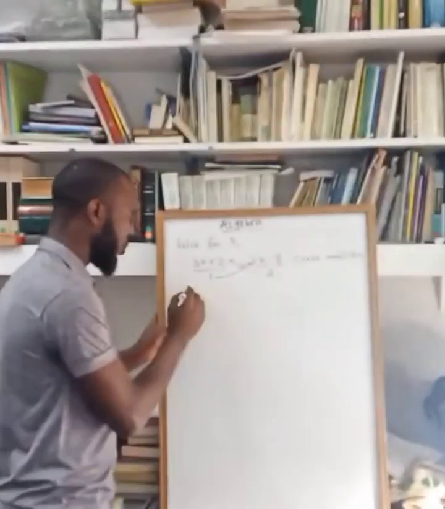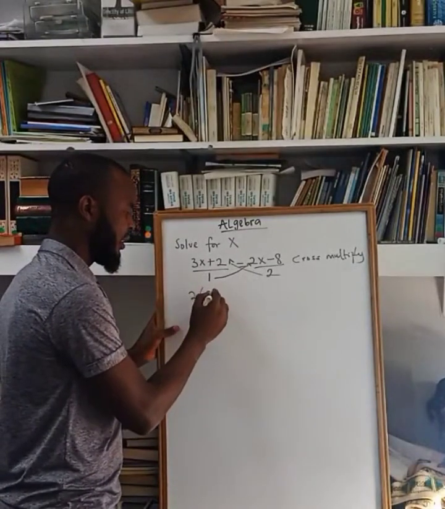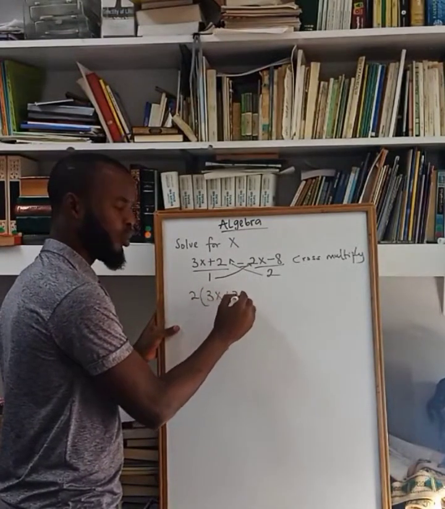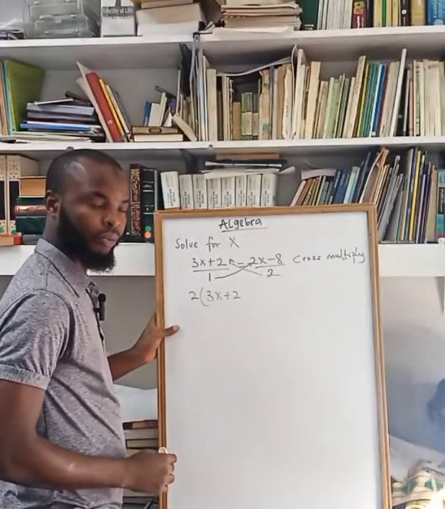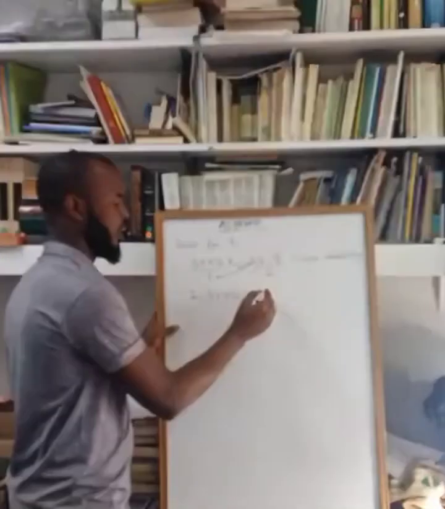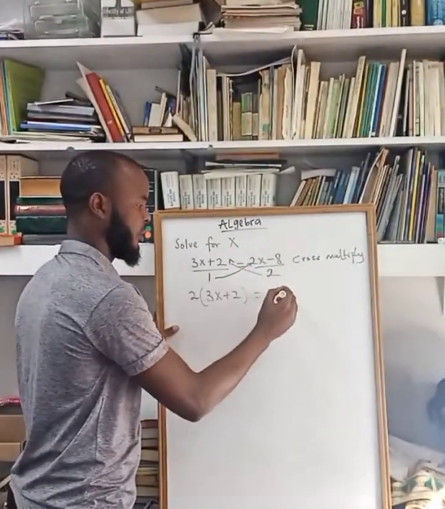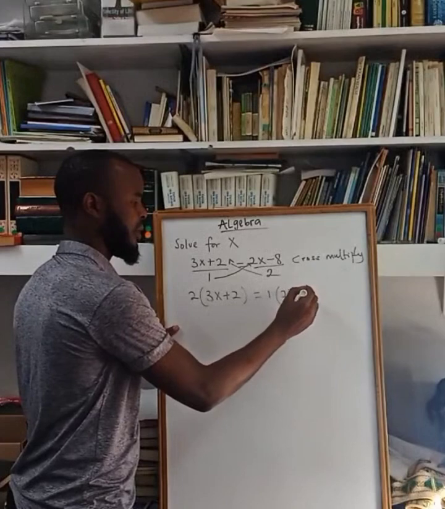By doing that, here you have 2 in parentheses multiplying 3x plus 2 equal 1 multiplying the numerator on the right-hand side, 2x minus 8.